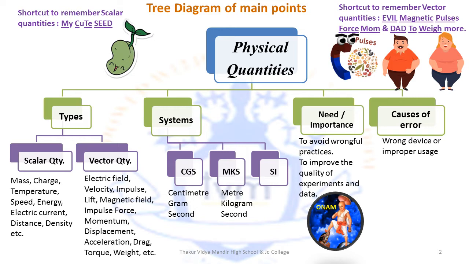Now, what are the causes of error that can take place? Either you use a wrong device for measurement, or you use the correct device in an improper way. So a wrong device or improper usage are the causes of error while measuring physical quantities.